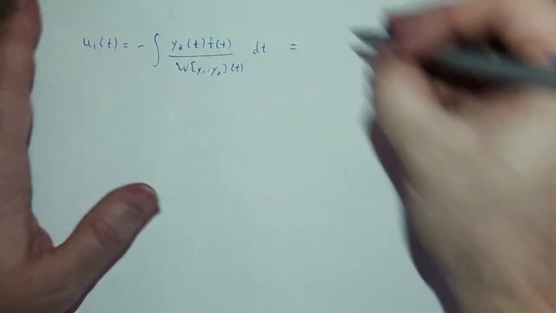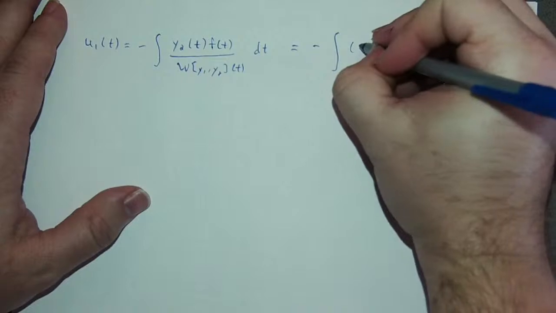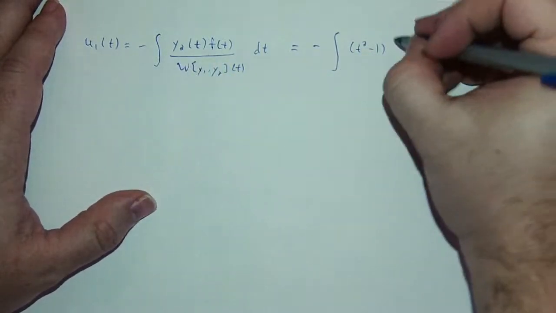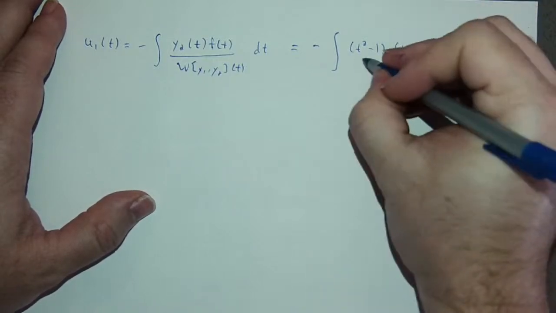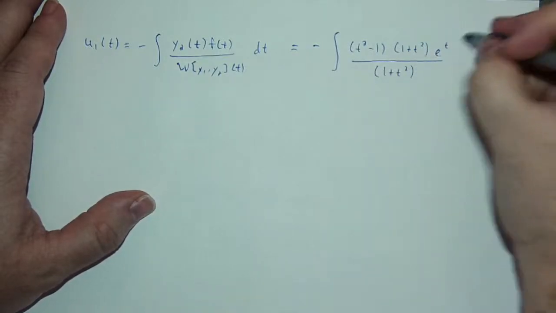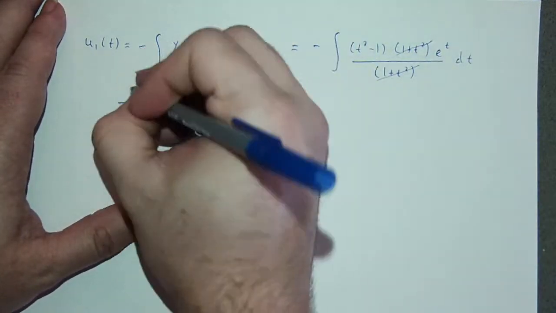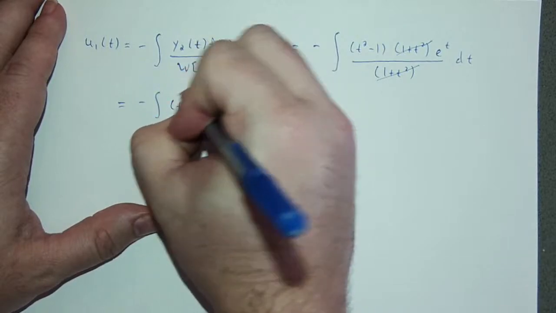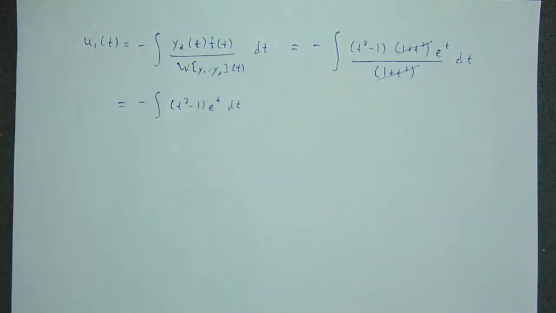This is minus the integral of t squared minus 1, that's y2, times f of t, which is 1 plus t squared e to the t, divided by the Wronskian, which is 1 plus t squared, dt. So these cancel. And so I'm left with minus the integral of t squared minus 1 times e to the t dt.